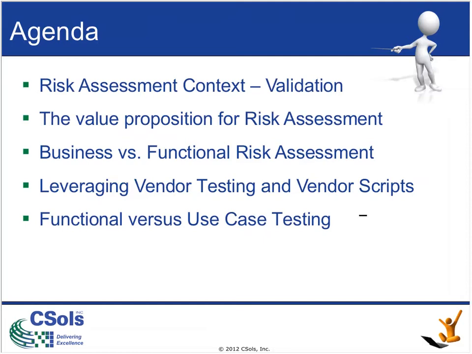All right, so what are we going to cover today? We're going to talk about the context of risk assessment, which is validation or the software development life cycle, all of those.